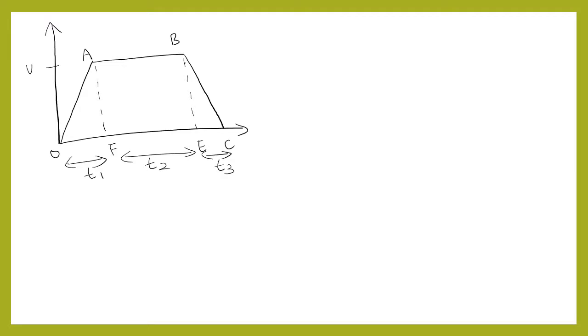So this is the maximum speed Vm. The area of the trapezium, or area under the curve, gives the distance traveled or distance between the stops.